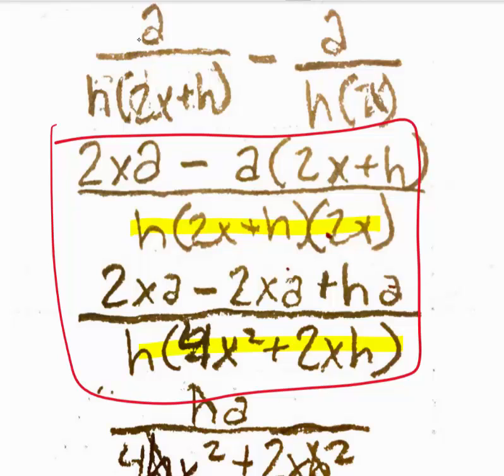This is a very common mistake when you distribute a negative. A times 2x gives you 2xa, and that negative right there. When you multiply a times h, you get ha, but don't forget the negative in the middle. This student incorrectly wrote a plus sign there instead of a negative. You've got to be careful with that as you work through these pieces.